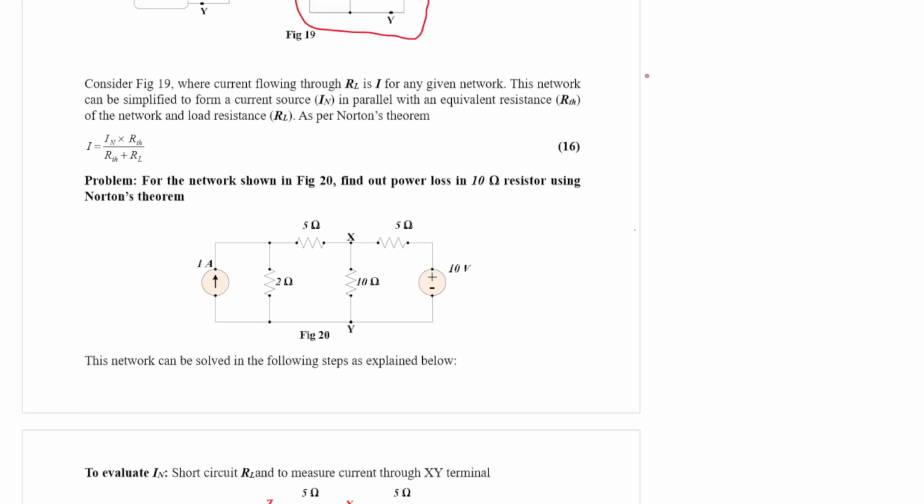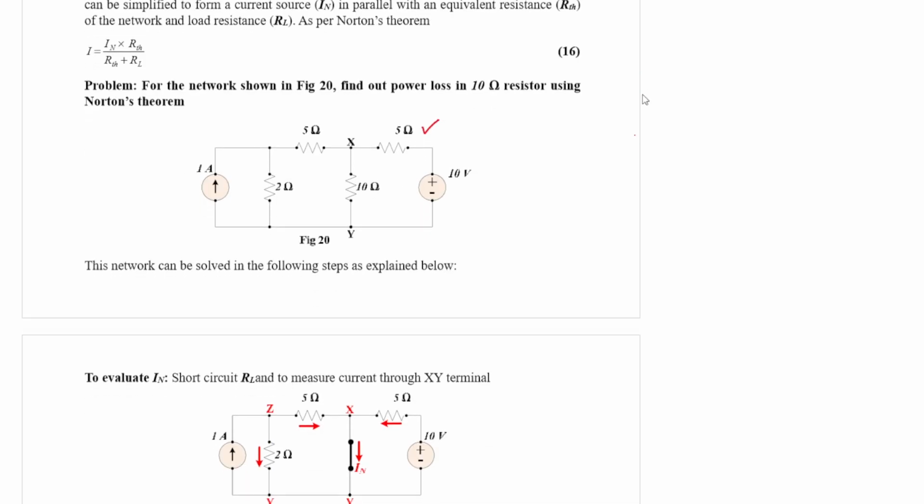This 5 ohm resistance is added additionally. So this is again your load resistance, 10 ohm. Through this you first find out the current flowing through, and from there you must calculate the power loss in this 10 ohm resistance using Norton's theorem.